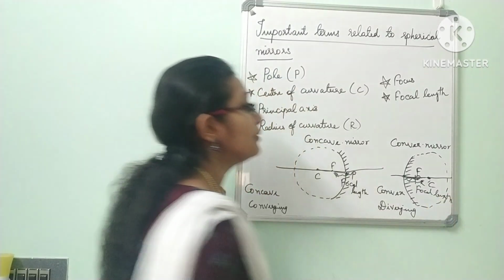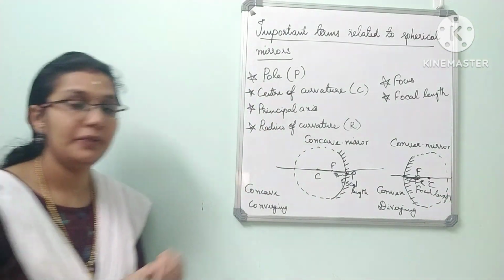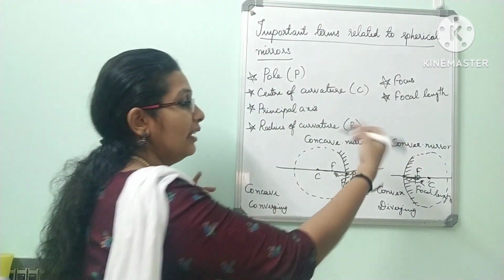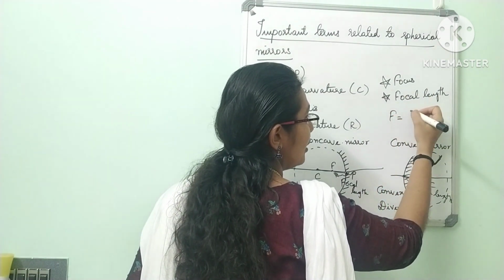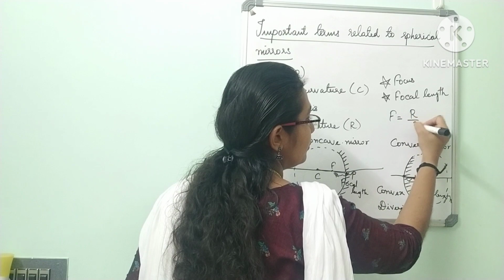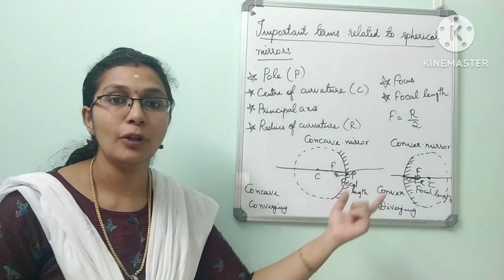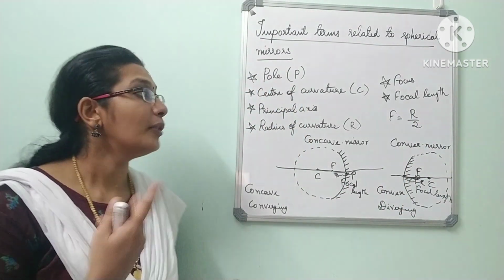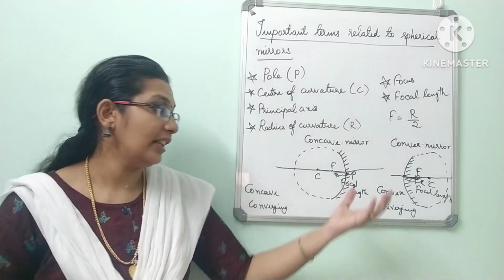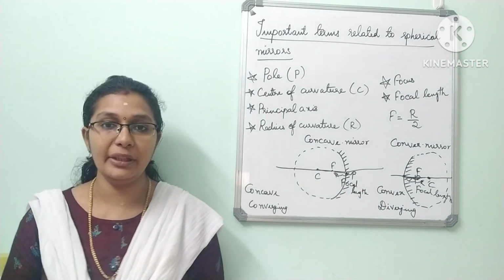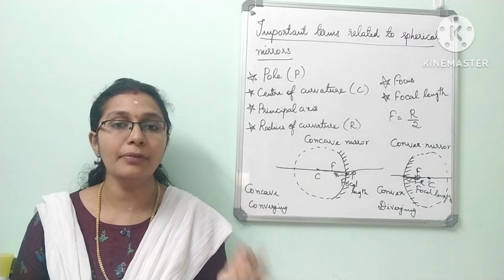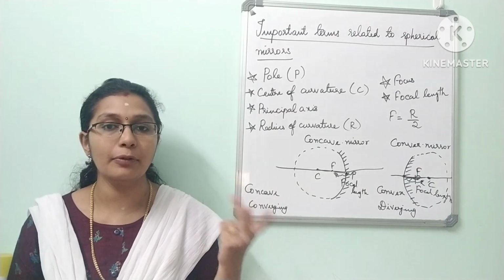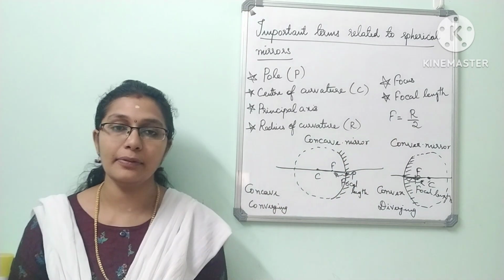There is also a relation between focal length and radius of curvature. Focal length is nothing but R by 2. That is, twice the focal length is the radius of curvature.